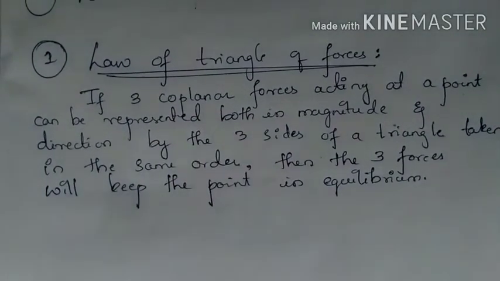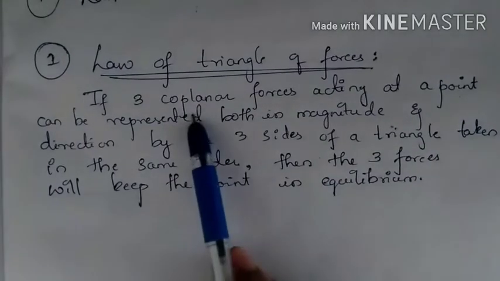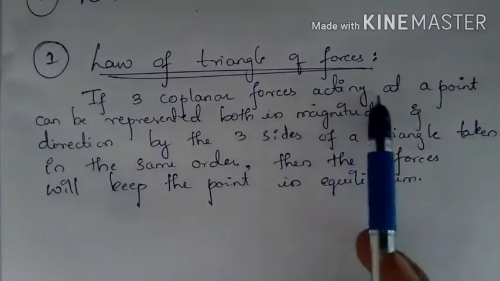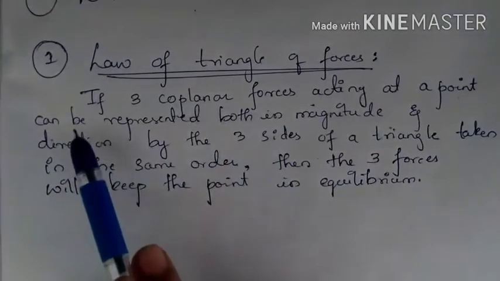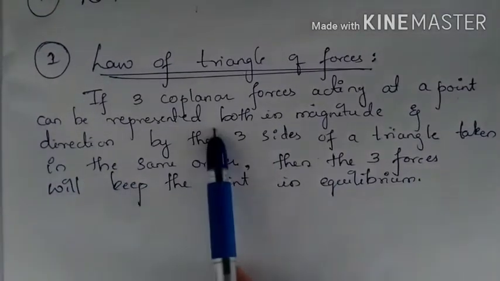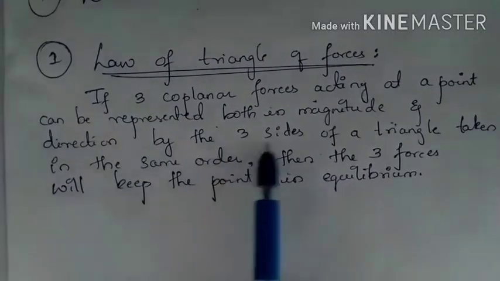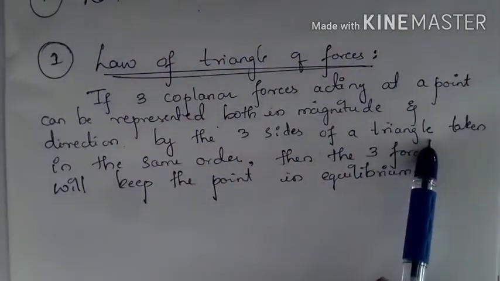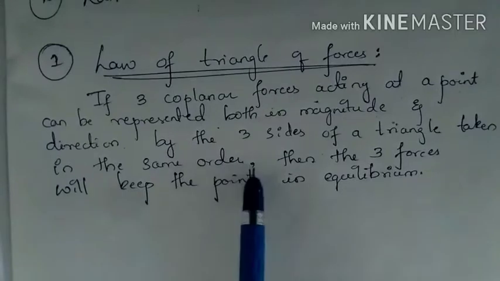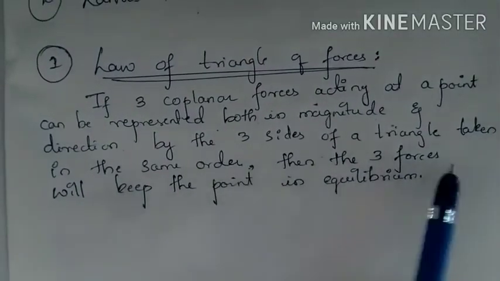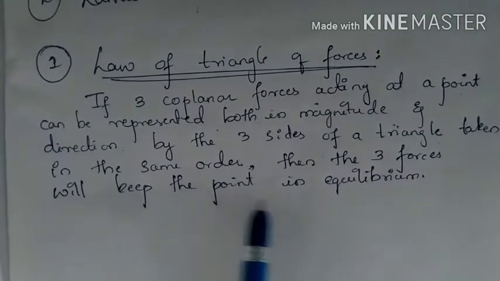So what does the law state here? If you have three coplanar forces acting at a point, and they can be represented both in magnitude and direction by the three sides of a triangle taken in the same order, then the three forces will keep the point in equilibrium.